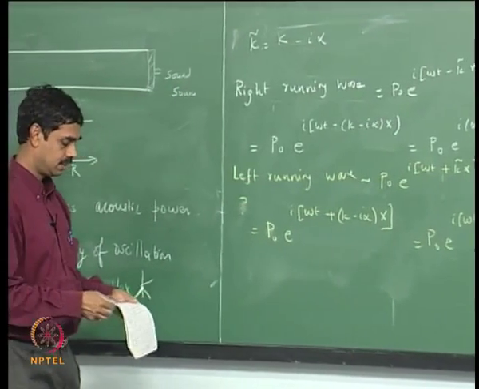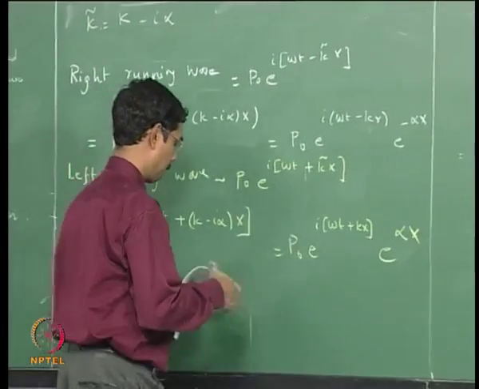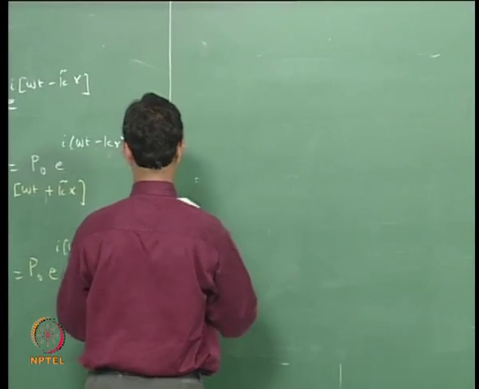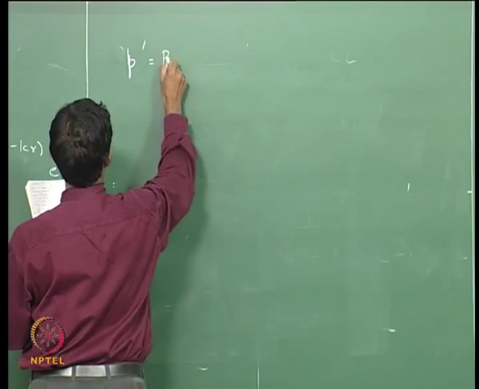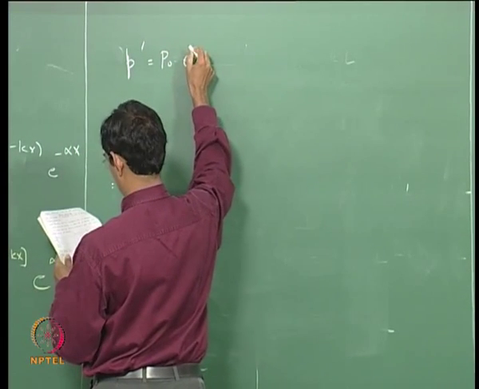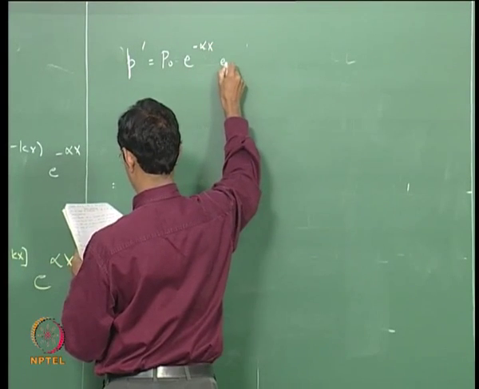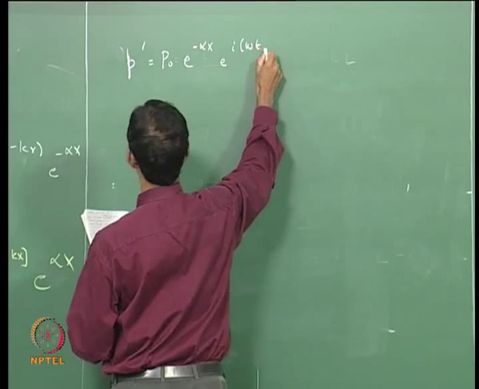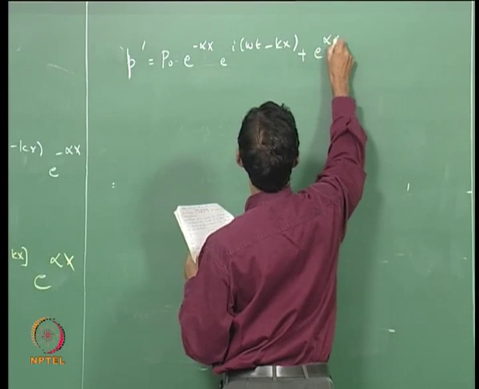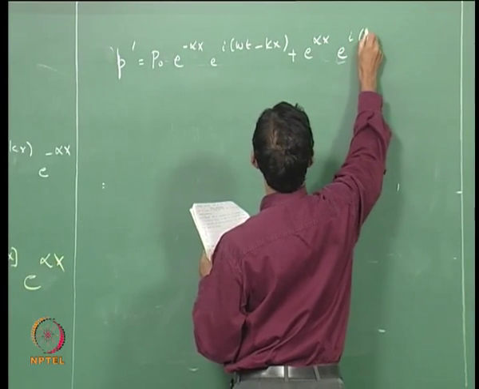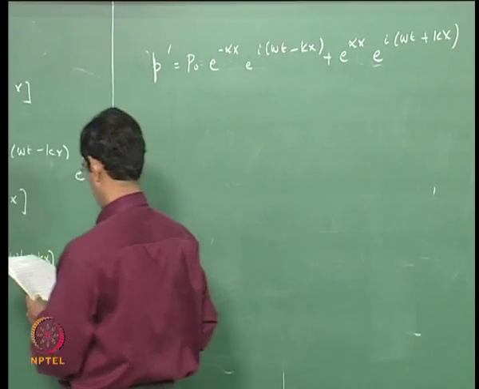So the total pressure can be written as the sum of these two things. This is the total pressure.